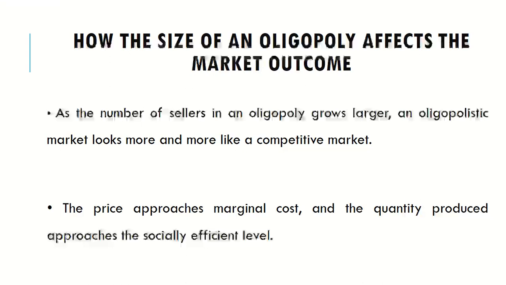If the number of sellers in the oligopoly market continues to increase, then the size of the market also increases, and it would look like a competitive market where price is equal to marginal cost, and also price is equal to average revenue as well as marginal revenue. The price approaches marginal cost and the quantity produced approaches the socially efficient level.